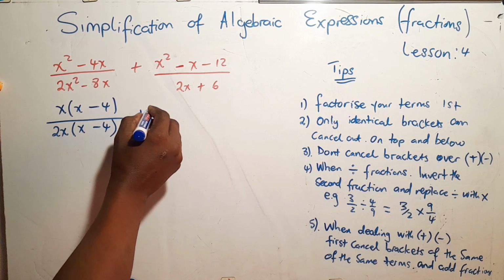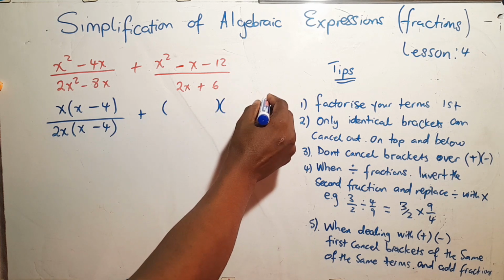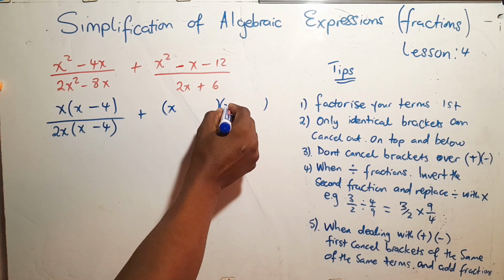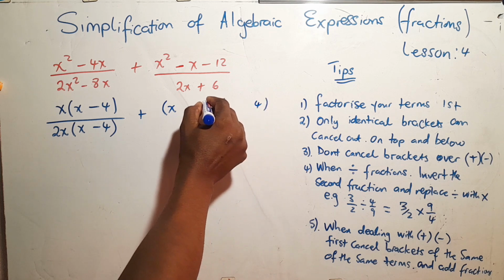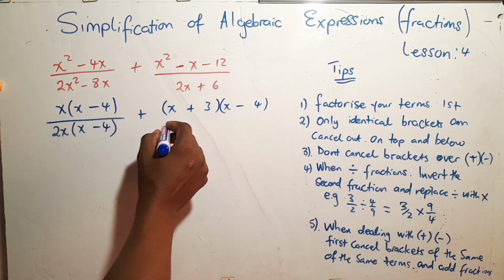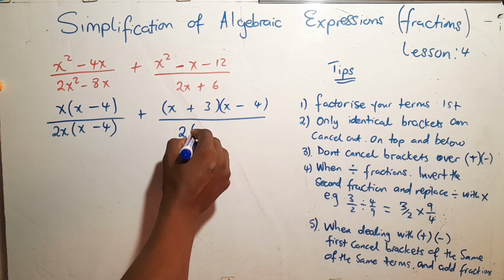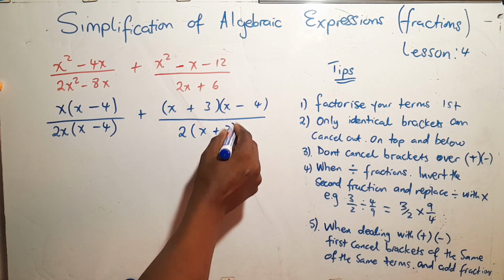And then this is adding that, so we can factorize that. If we factorize that, we'll be remaining with x, 4, 3, and that will be minus and plus there. So this common factor there is 2, and then x plus 3.